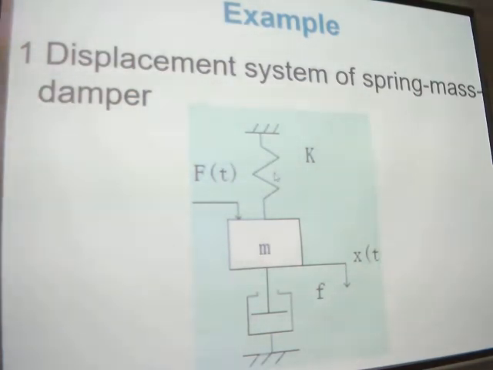The spring has a coefficient K. The gravitational force is the pressure. This is the input F(t), and this is the output.